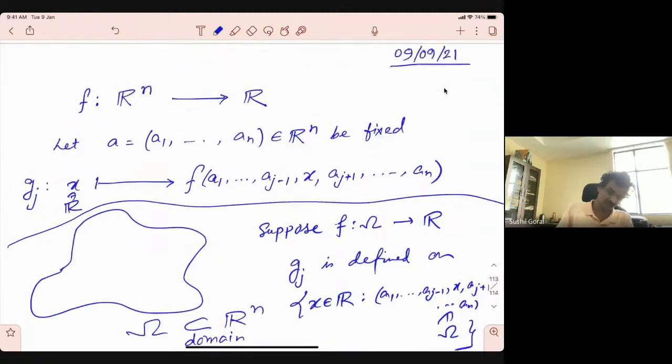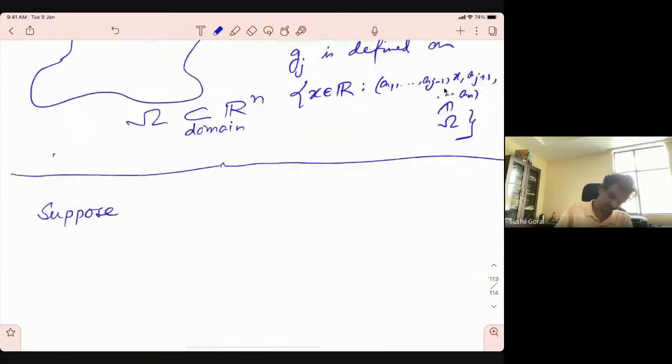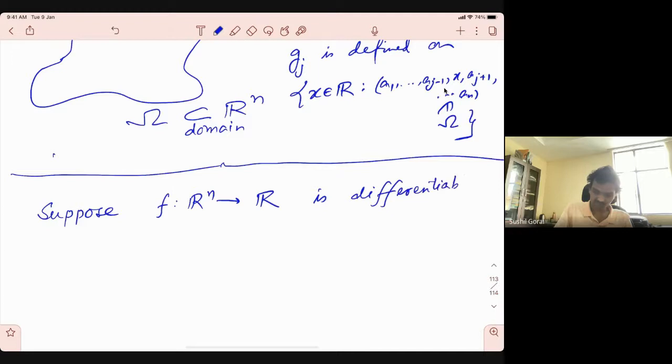So now let's look at this one. In our case, come back here: f from Rn to R, and we can take omega also, is differentiable.